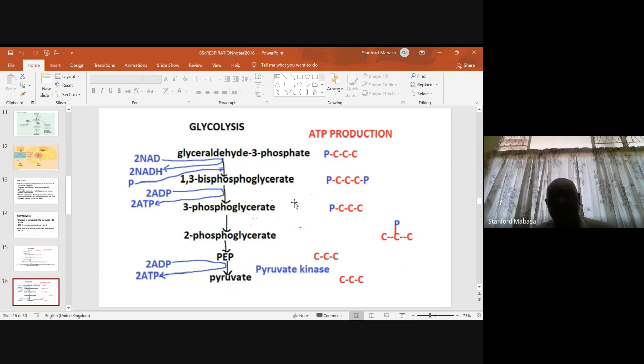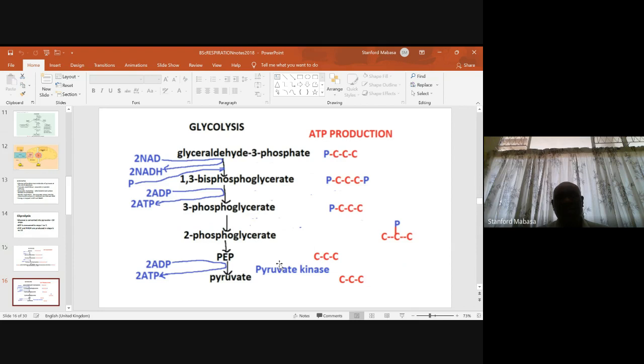And I must say there are a lot of enzymes which catalyze these reactions, which I've deliberately omitted so that we focus on these products. So this is how pyruvate is produced, starting with the glyceraldehyde 3-phosphate.